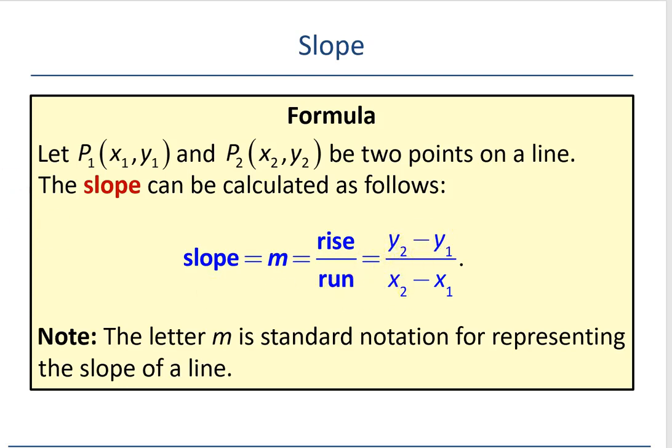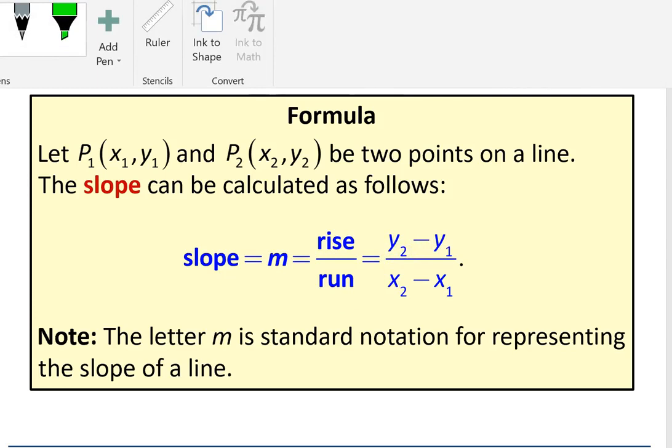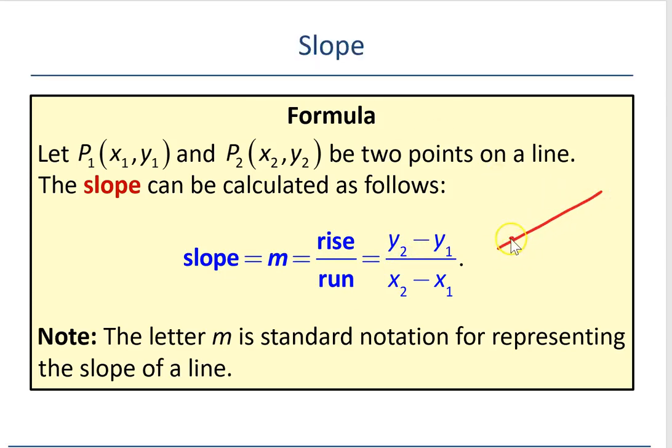And the slope, you can think of it literally just like this. It looks like this, and so you have 2 points here. Here you're going to have, say, your P1, which is your X1 and your Y1, and up here you have your P2, which has your X2 and your Y2.